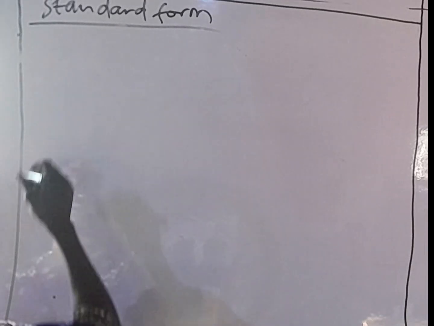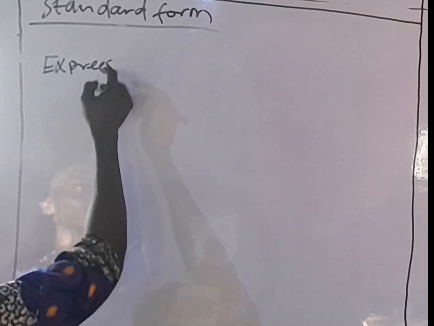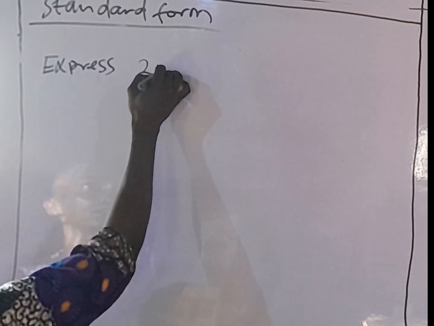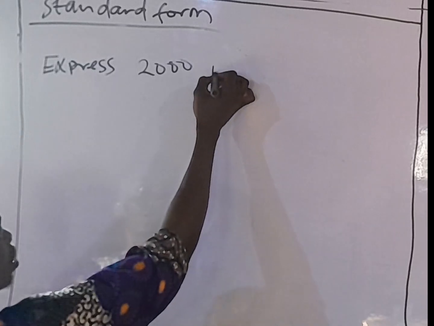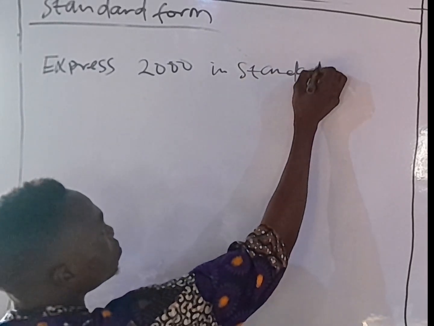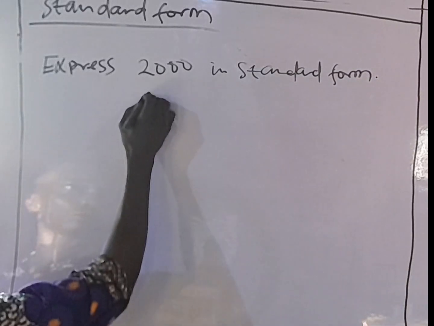So for example, if I say express 2000 in standard form, what you have to do is, solution.